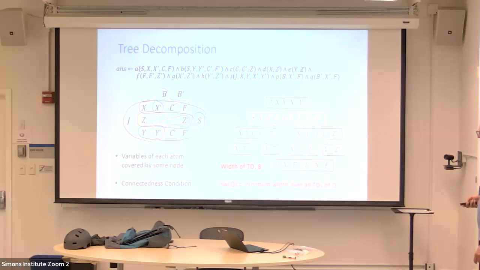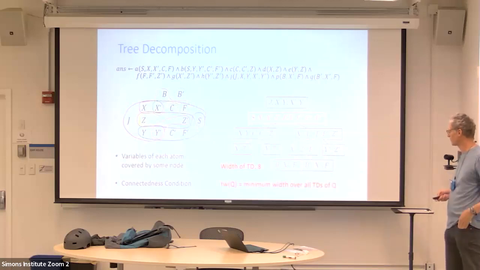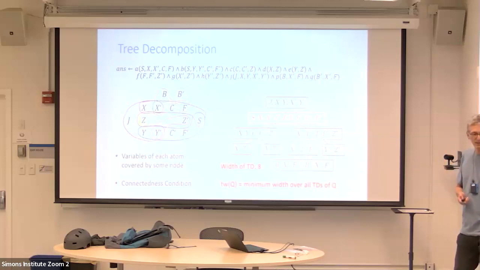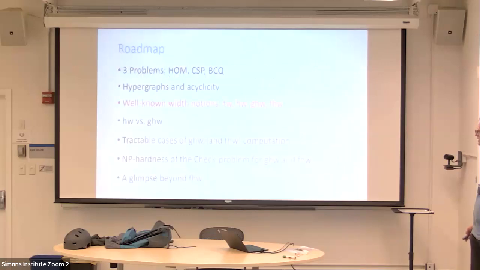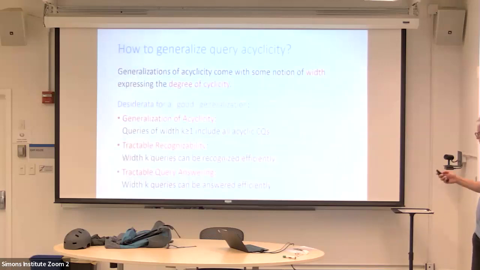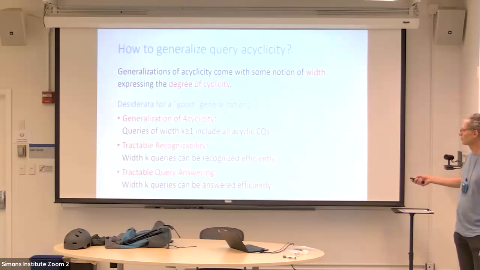And the tree width of a query or of a hypergraph is then the minimum width over all its tree decompositions. So sorry, Reinhard, if you have a join tree, its width is not necessarily 1. Exactly, absolutely. And this is one of the reasons why, at the Gems of Potsdam 2016, Georg came to the conclusion that tree width is not a good measure because it does not generalize acyclicity.